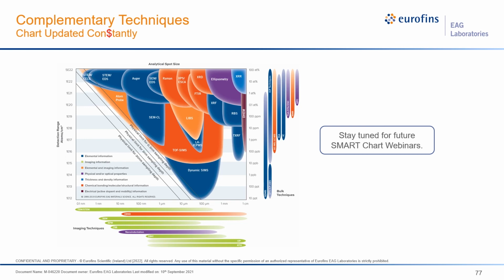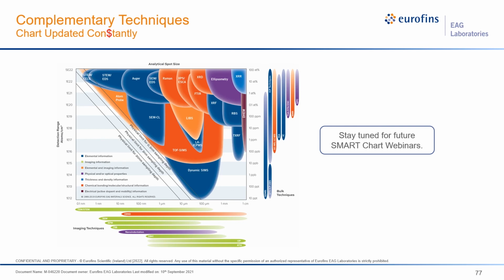Concentration-wise, typically it's a couple of percent. For special cases it can do a little better, but typically 1 atomic percent is the limit. If you want to do parts per billion, you can do, for example, SIMS analysis.